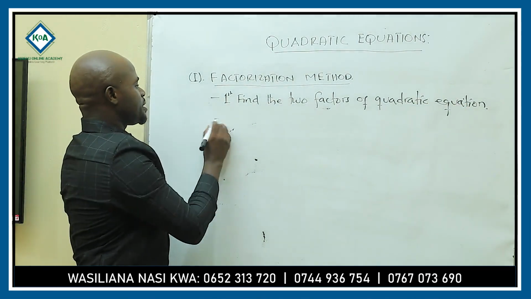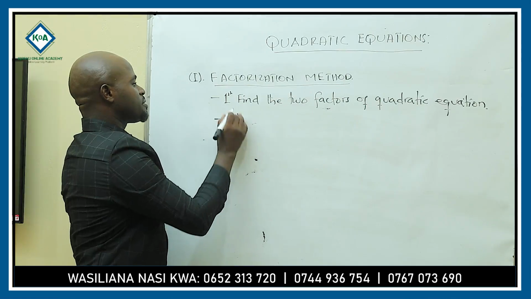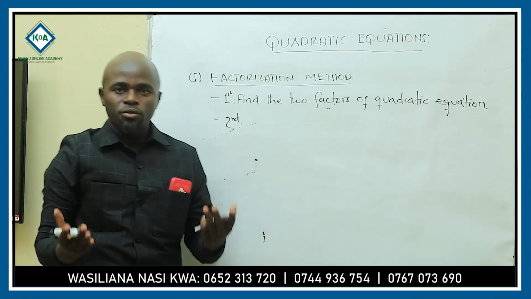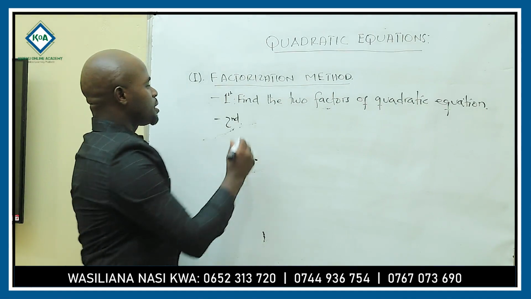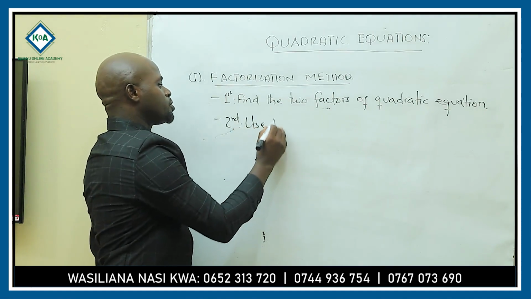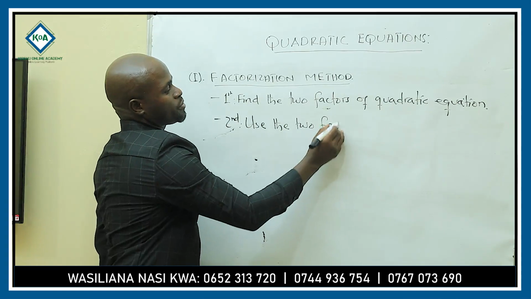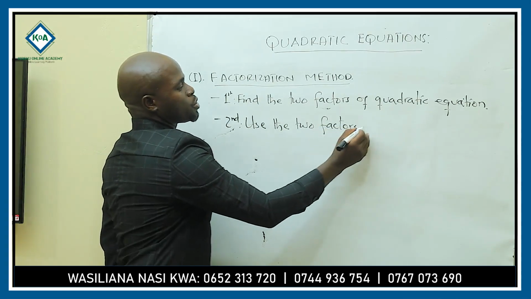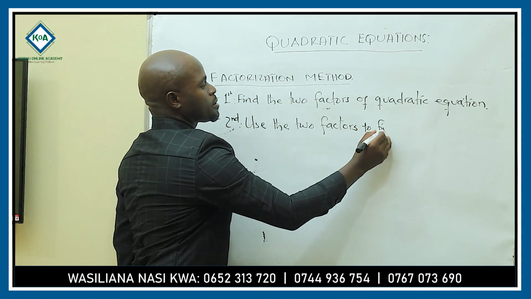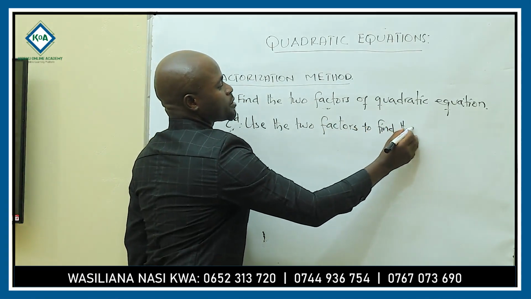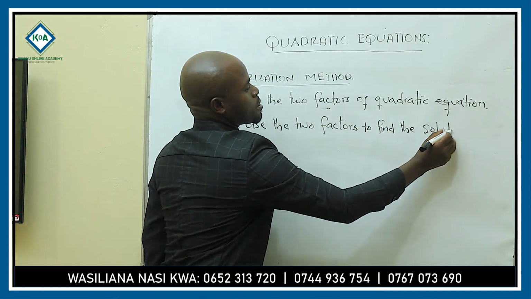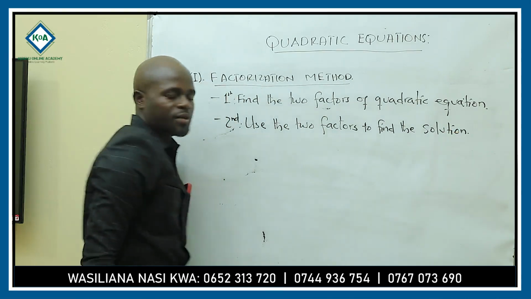The second step is, after getting the two factors, we have to use those two factors to find the solution. Use the two factors to find the solution.